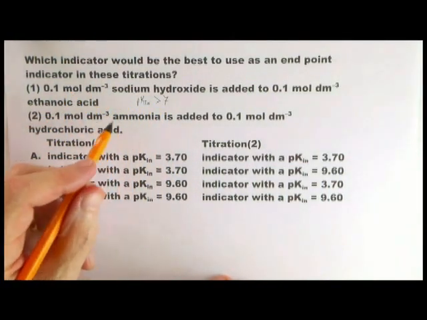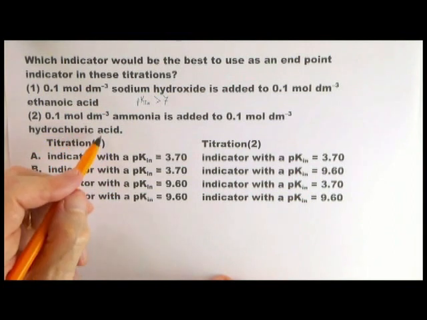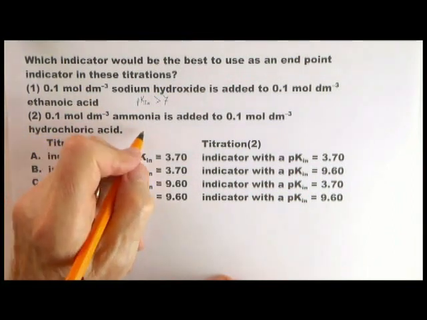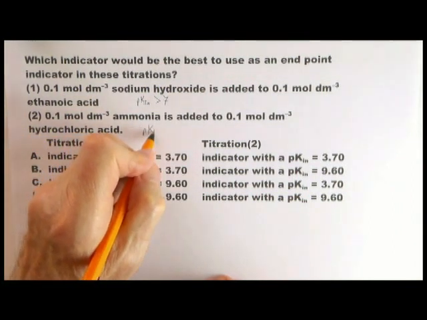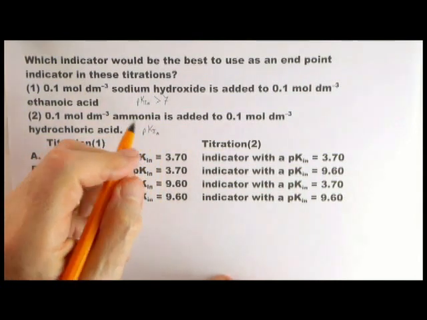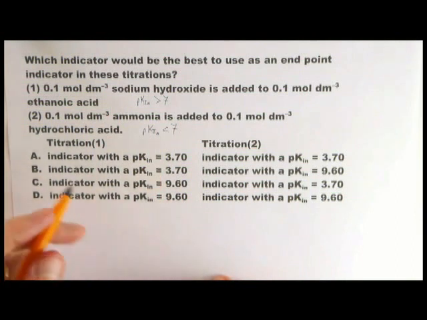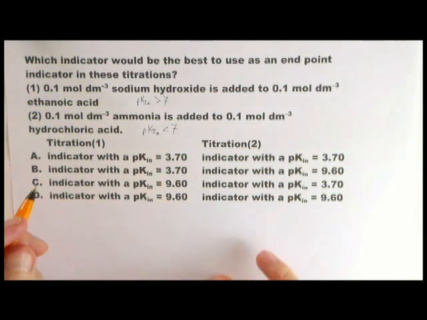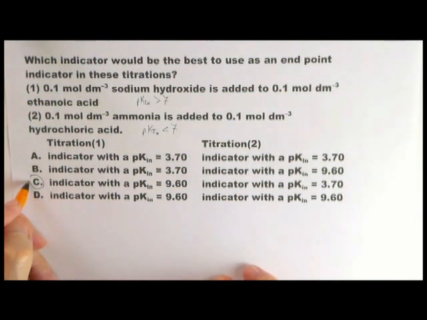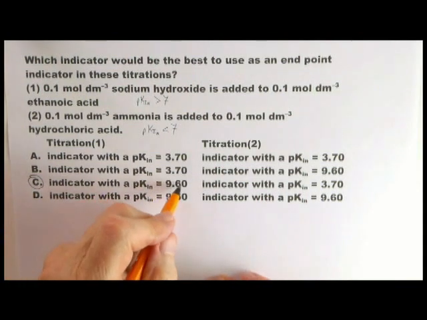And for a weak base and a strong acid, we want an indicator which has a low pKin, which is less than 7. So you look through this and you clearly see that C is the answer, indicated with a pKin of 9.6.